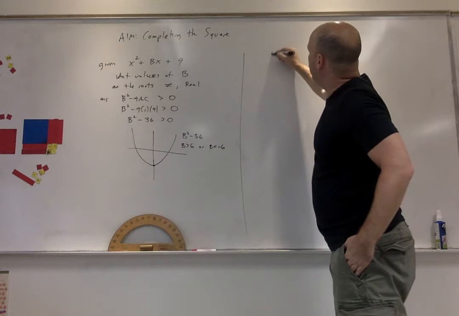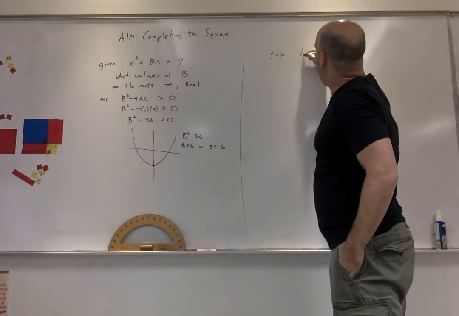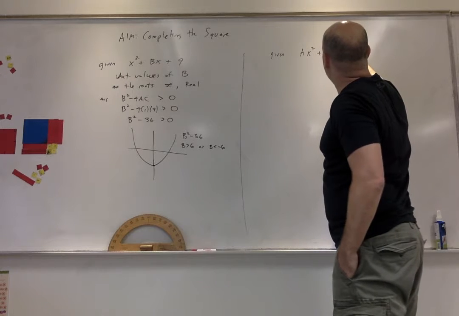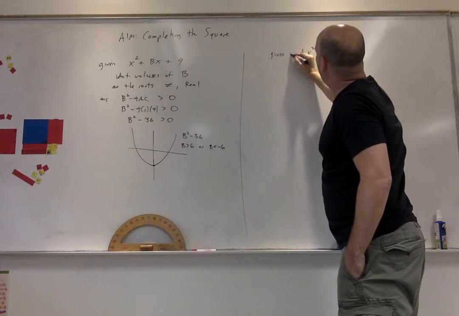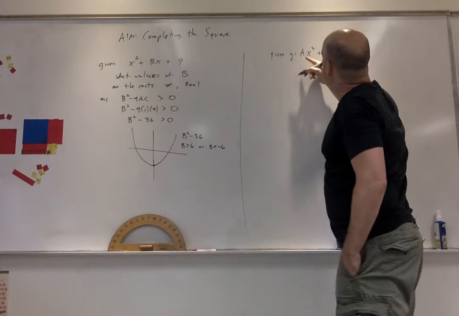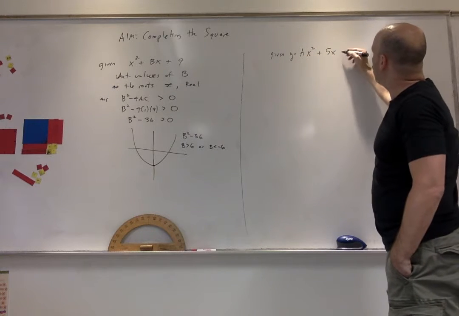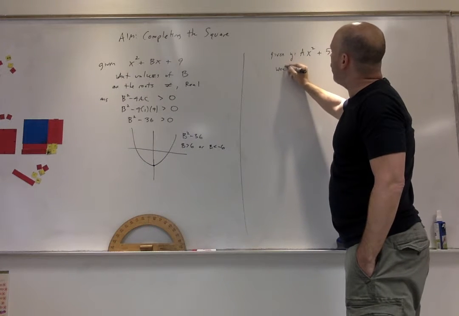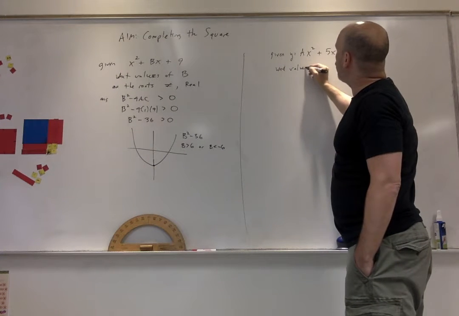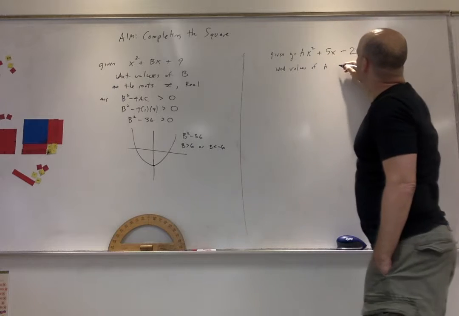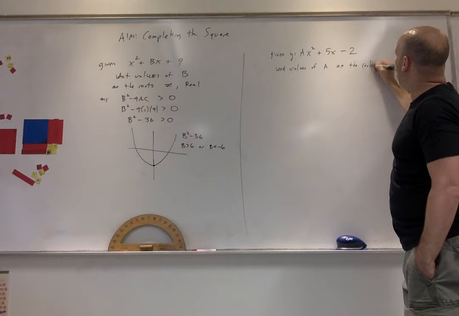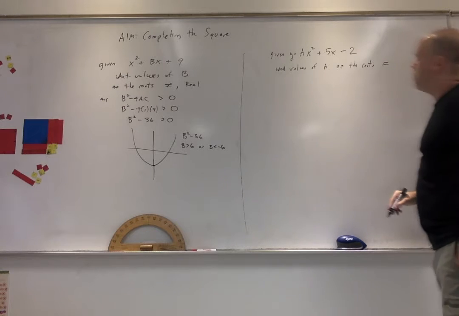How about given ax squared plus 5x plus 1 equals ax squared plus 5x minus 2, for what values of a are the roots equal?